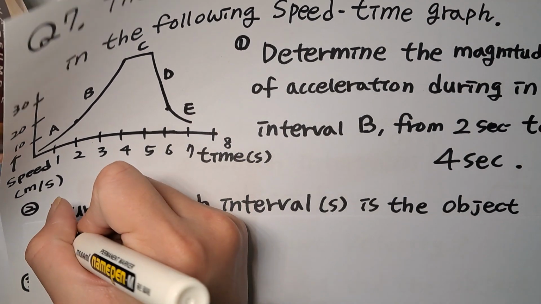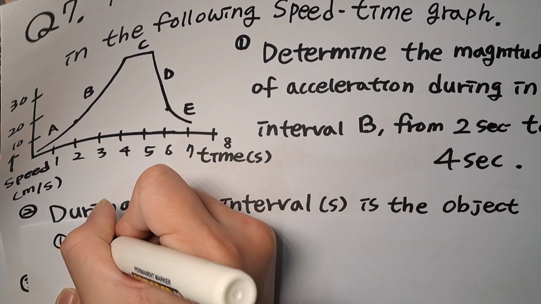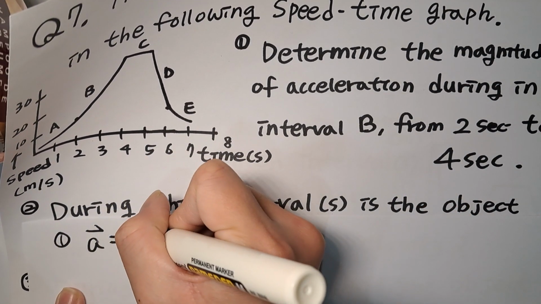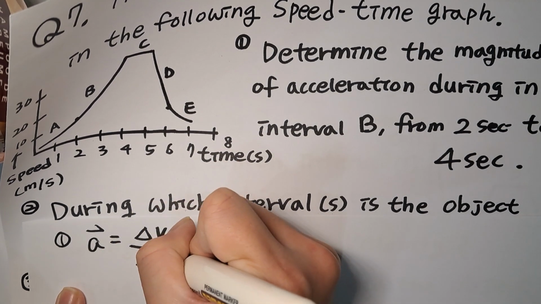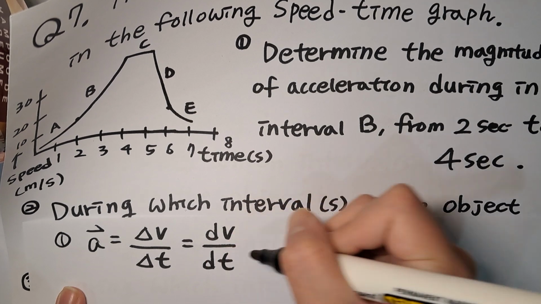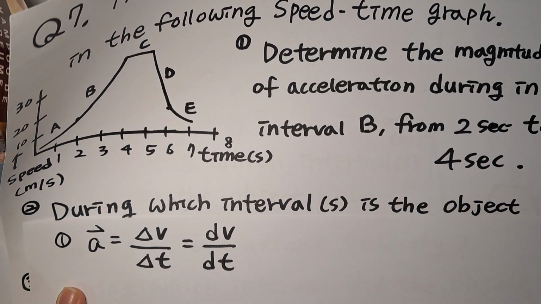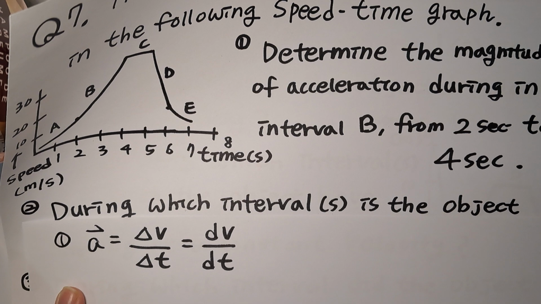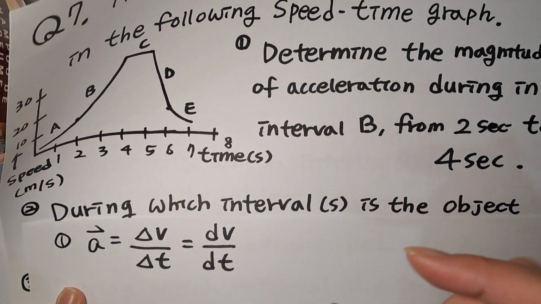So we are going to find the acceleration. The slope is the acceleration, whereas the area is the displacement. So we can find this point and this point.